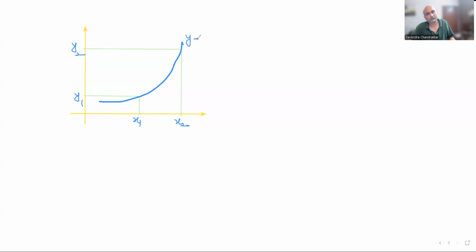And this is y as a function of x. Right. Now, the slope of the tangent is, one minute. If x is equal to x1, what will be y1?